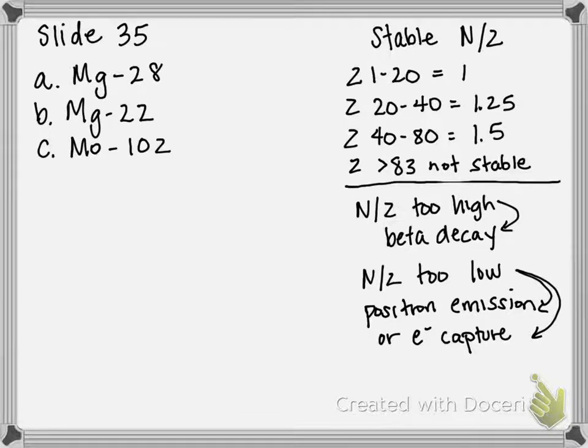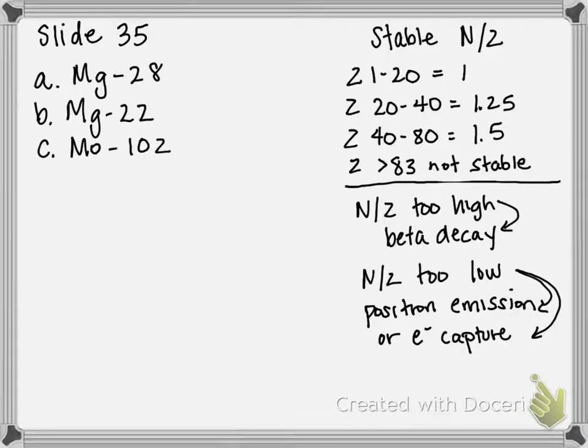And if our neutron to proton ratio is too low, the element is going to undergo positron emission or electron capture. In this case, we're only choosing between beta decay and positron emission.